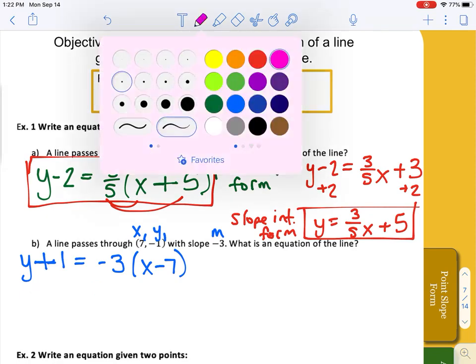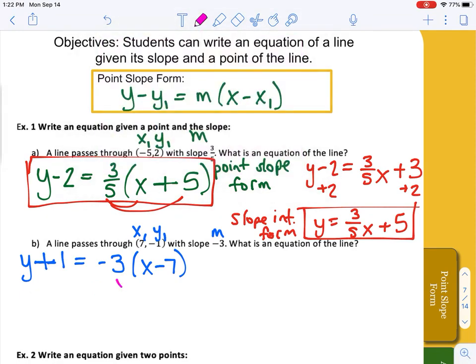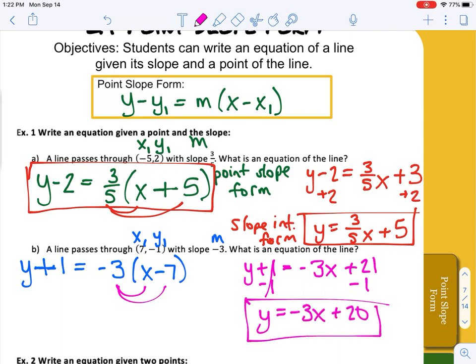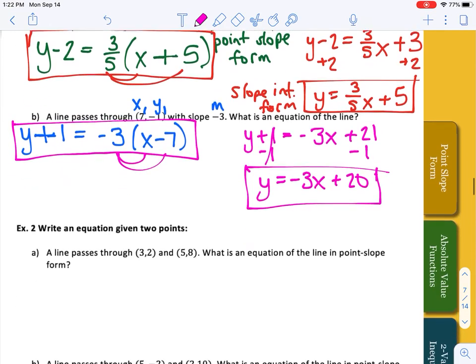We should find our slope intercept form by distributing. Go ahead and subtract 1 on both sides. We have y equals -3x plus 20. Once again, both of these lines are the same, just one is written in slope intercept and one is written in point slope.